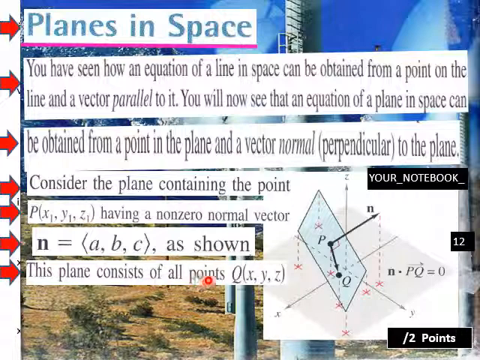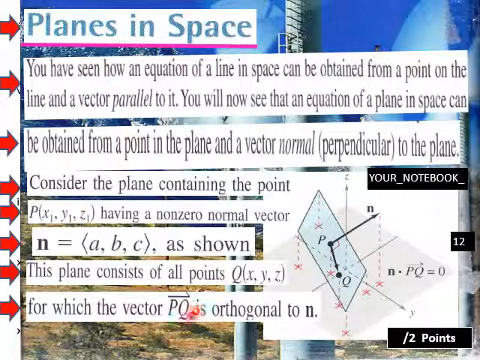This plane consists of all points Q, which would be x, y, z, for which the vector PQ is orthogonal to n. Here's your right angle here. So vector PQ is orthogonal to n.